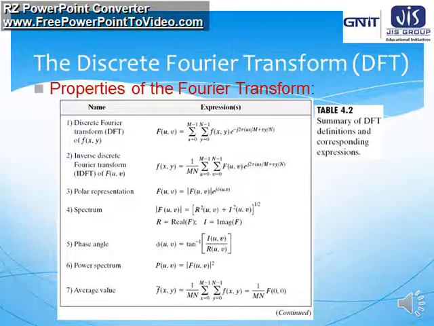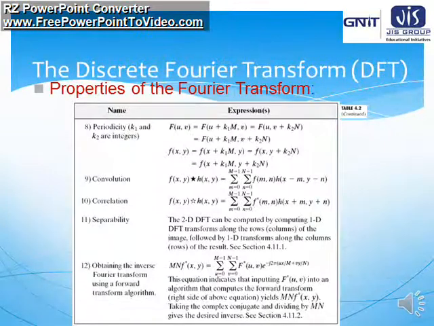So moving forward to the next slide, here the other properties can easily be seen. They are the periodicity, the convolution, correlation, separability, and obtaining the inverse Fourier transform using a forward transform algorithm.